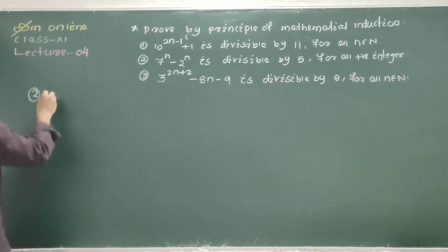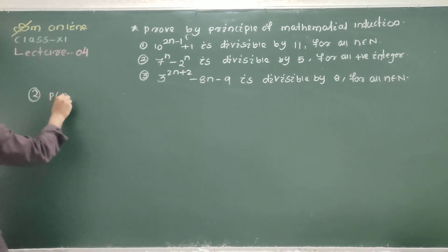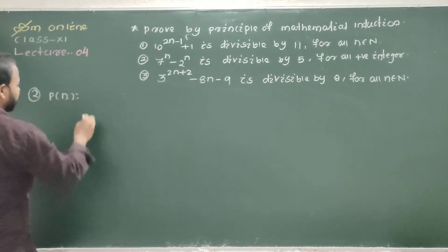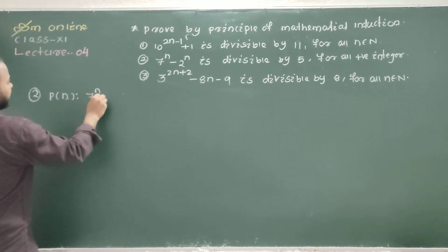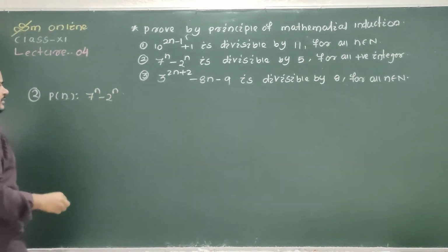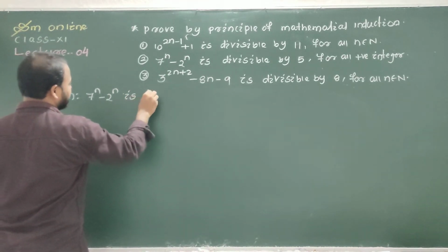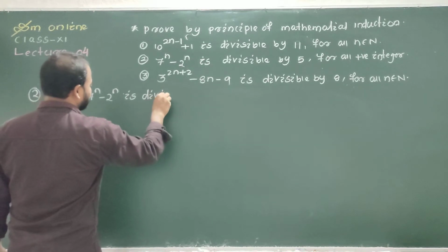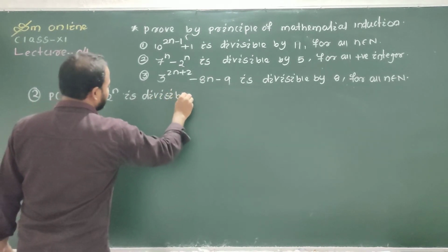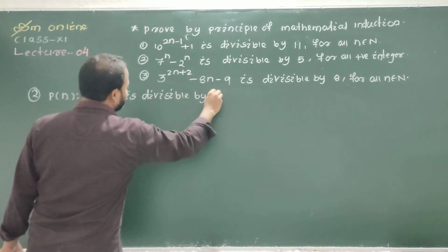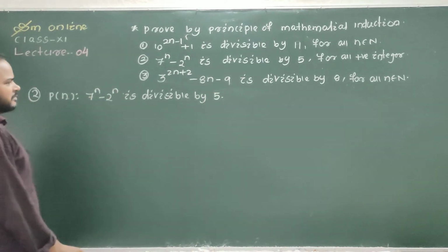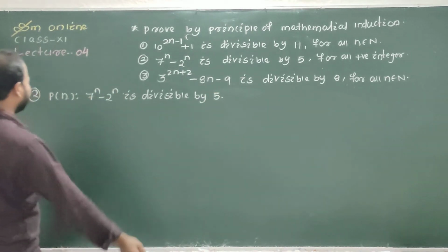Let the statement be denoted by P of n such that 7 to the power n minus 2 to the power n is divisible by 5. Now the statement is true for n equal to 1, for all positive integers.